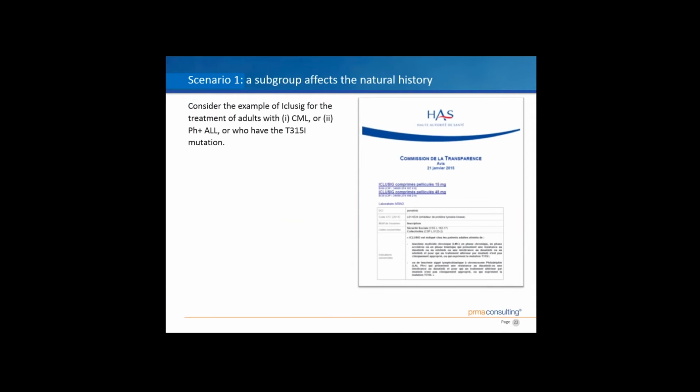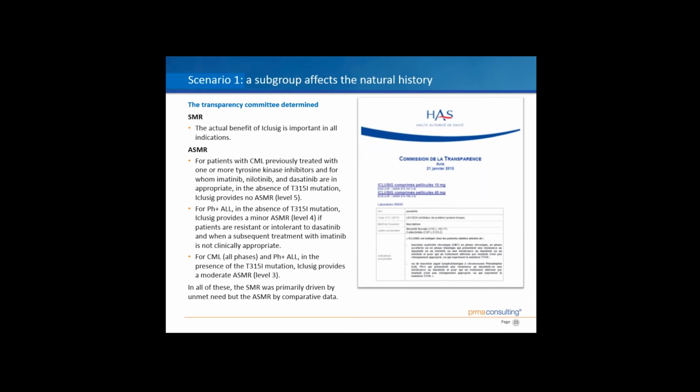Starting with scenario 1, if we look at Iclusig, and in this case I'm using the Transparency Committee and reimbursement in France, Iclusig was registered for CML or Philadelphia positive ALL who have the T315I mutation. What the Transparency Committee found was the actual benefit of Iclusig was important across these indications. The incremental additional benefit, the ASMR, however, varied.